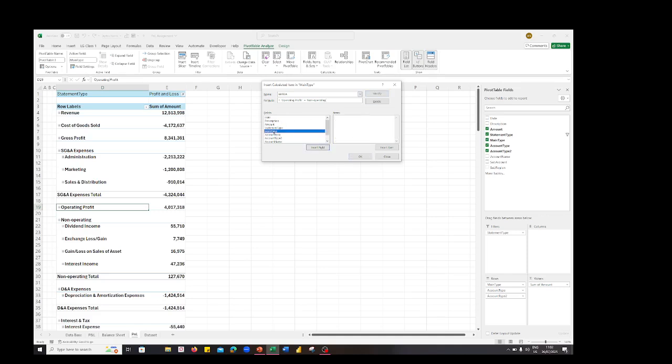So that is that. Then after that, what we need is profit before interest and tax, PBIT.